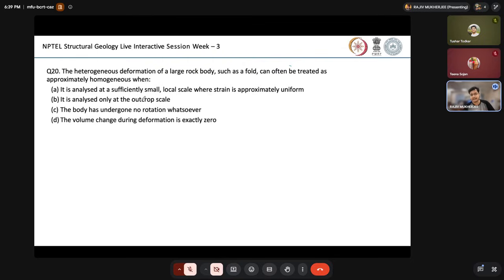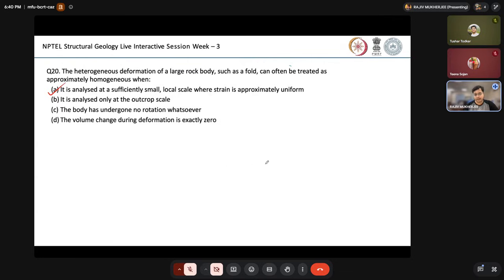Now it is fairly easy because homogeneous deformation is everything about uniformity, right? So in which of these options is there uniformity? Option A, right? Because it tells us about uniform strain.